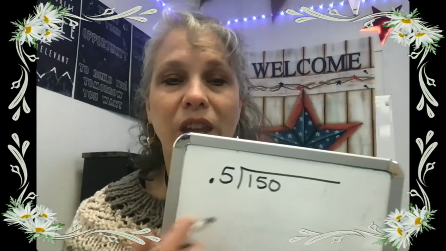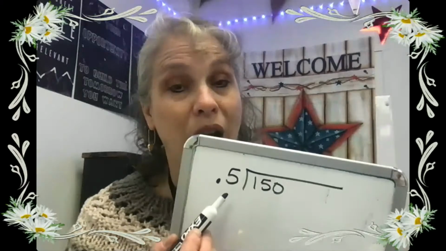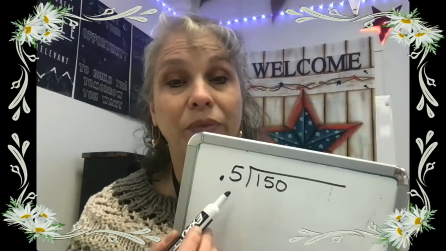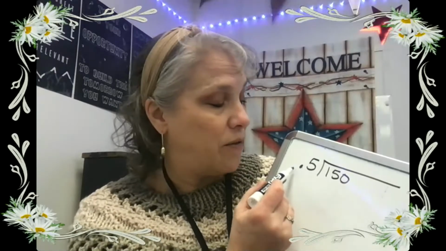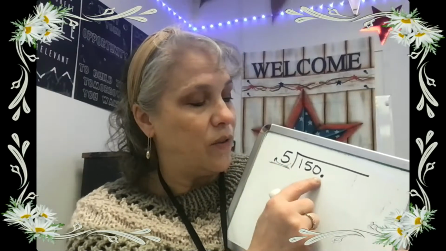So if I had 0.5 into 150, or I could say 150 divided by 0.5, what I would have to do is multiply this by a power of 10 so that I have a whole number in the divisor. So multiply by 10, and I don't have a decimal here, but it's understood that every number has a decimal at the end. This just means 150 and no parts.